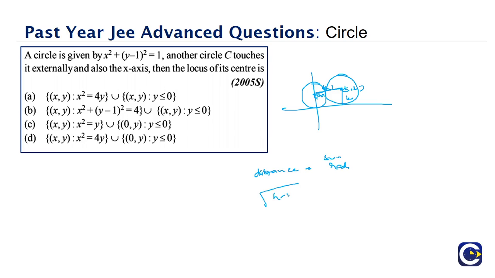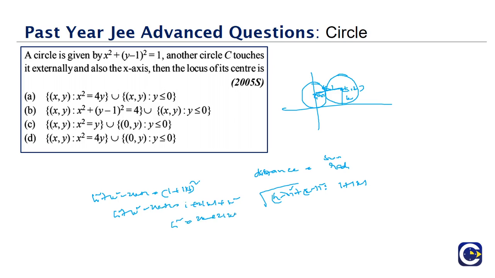So root of h minus 0 whole square plus k minus 1 whole square is equal to 1 plus mod k. So h square plus k square minus 2k plus 1 is equal to 1 plus mod k whole square, which will give me h square plus k square minus 2k plus 1 is equal to 1 plus 2 mod k plus k square. So h square is equal to 2k plus 2 mod k. So the locus of h comma k is x square is equal to 2y plus 2 into mod y. So this is the locus.